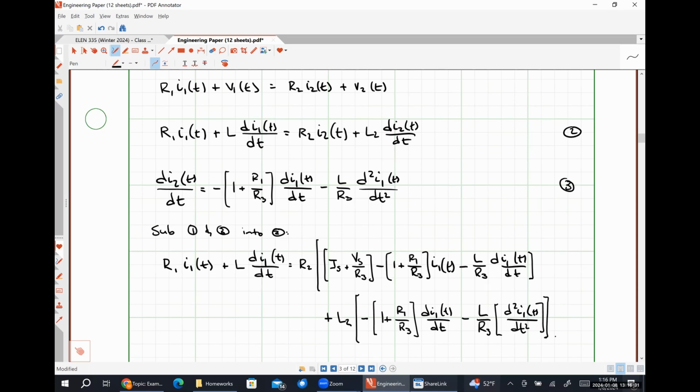And now my expression is only in terms of inductor current I1, and it's just moving stuff around to get it into the form we want, which I guess I can actually do.